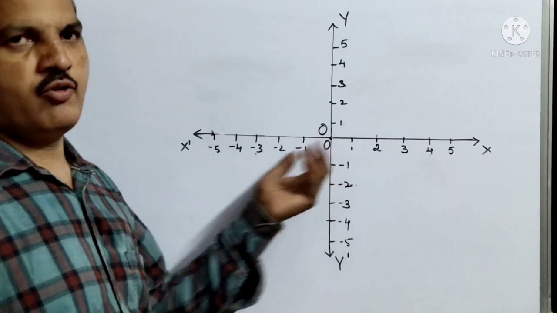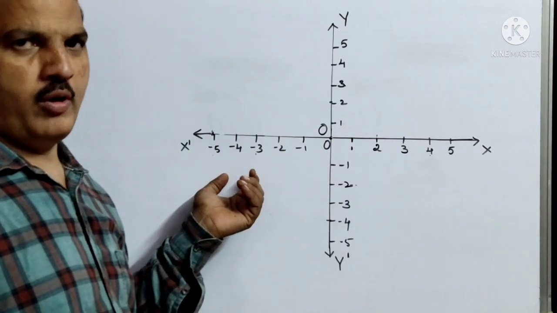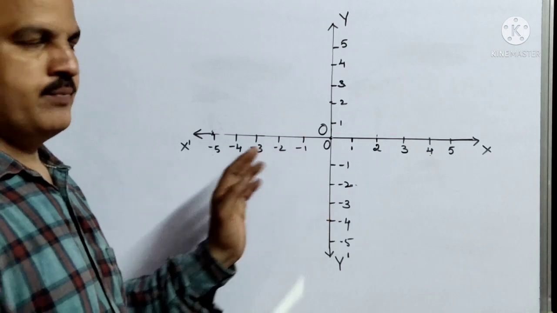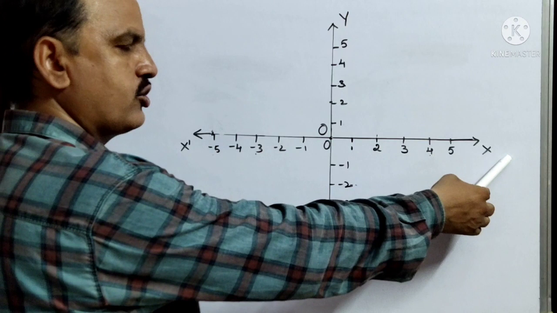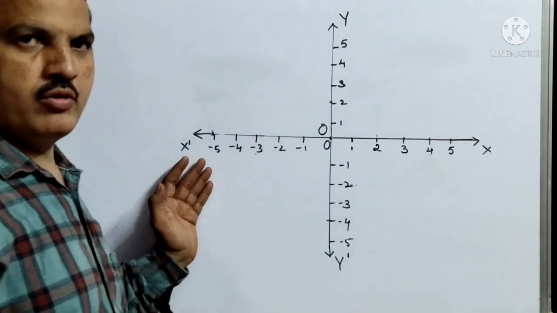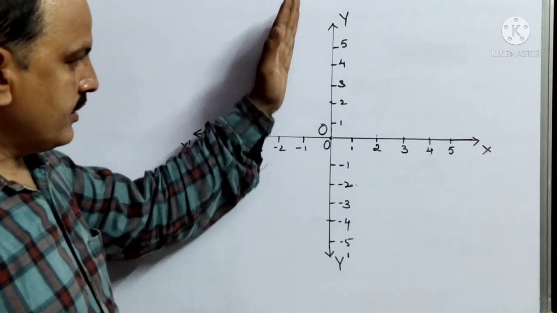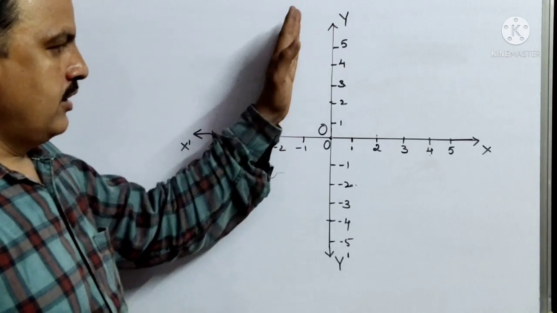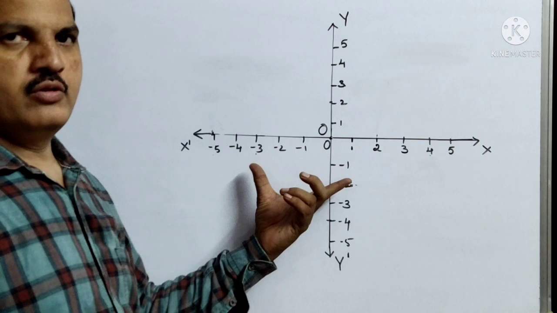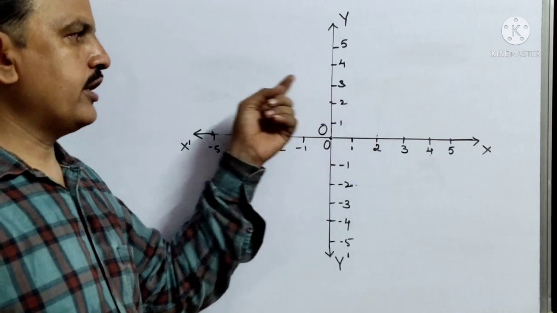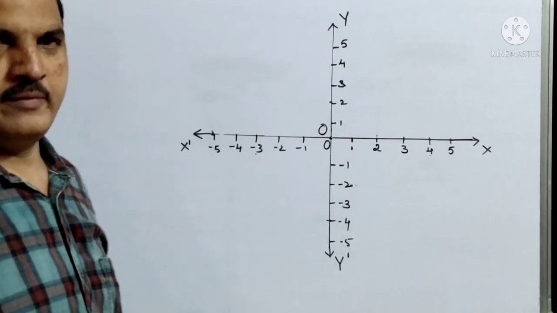One may increase here, one may decrease, no problem. But see that it is exactly at the center, from 0 to whatever you may get, 6 or 7, or on this side 5 or 4. Nothing will happen. Next, you have to draw the y-axis like this. That means the graph is divided into 4 quadrants: first quadrant, second quadrant, third quadrant, fourth quadrant.